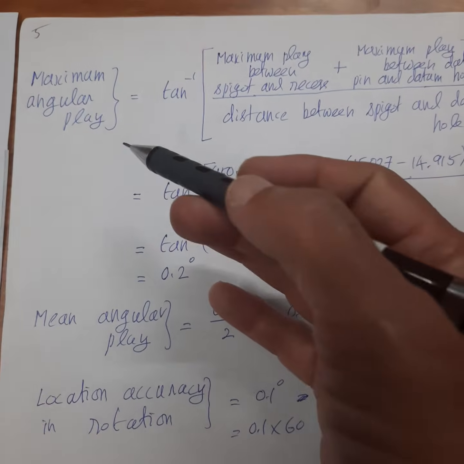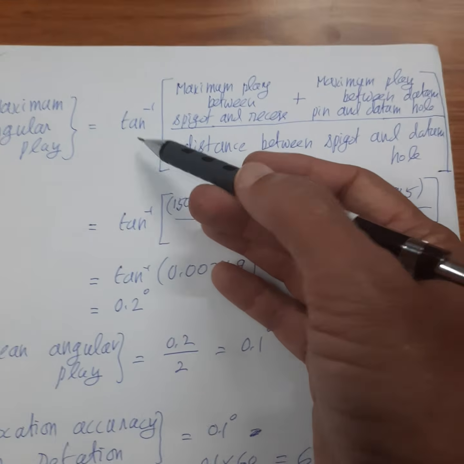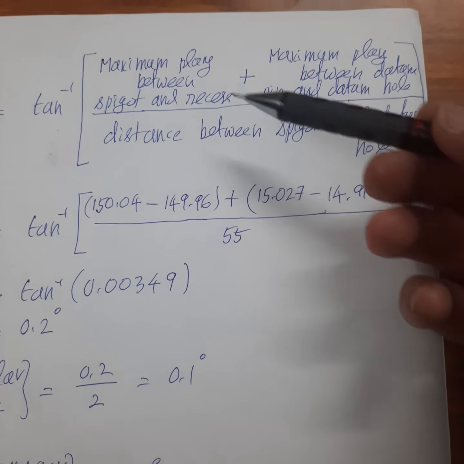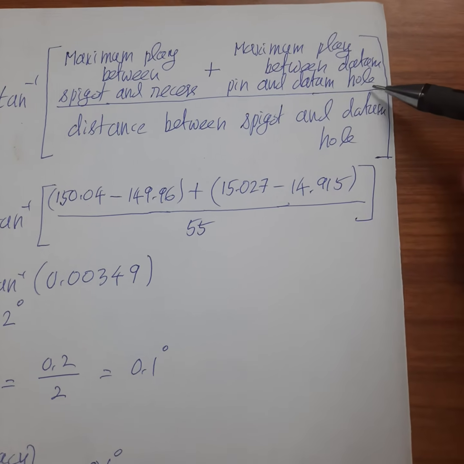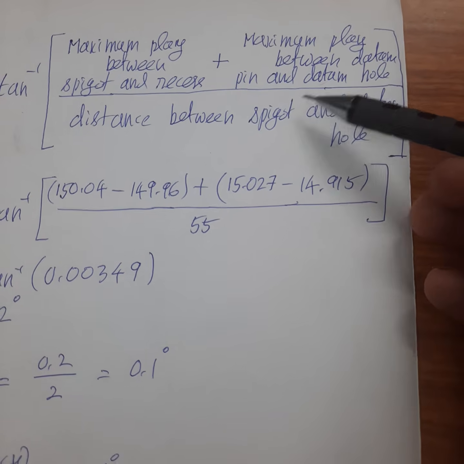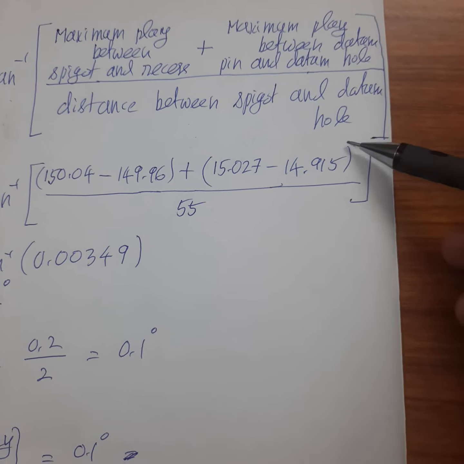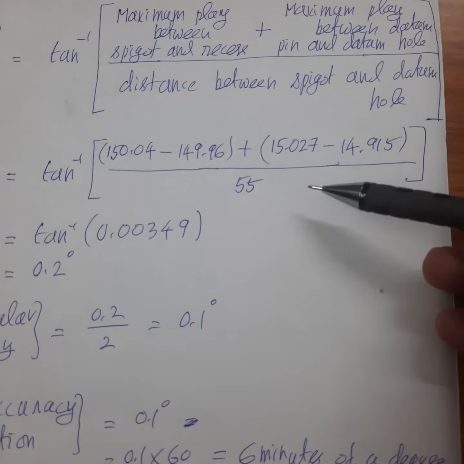So the maximum angular play is equal to tan inverse of the maximum play between spigot and recess plus the maximum play between datum pin and datum hole, divided by the distance between the spigot and datum hole. So let us assign the values from the drawing.